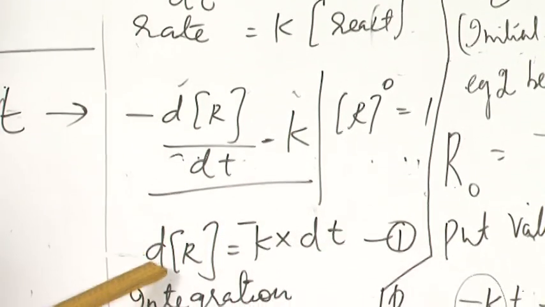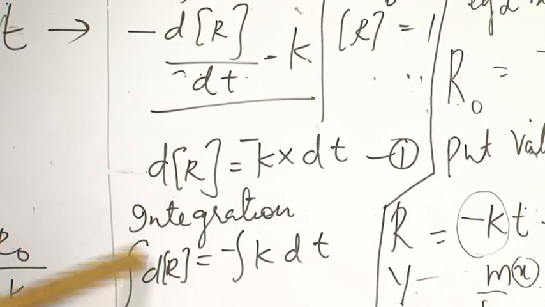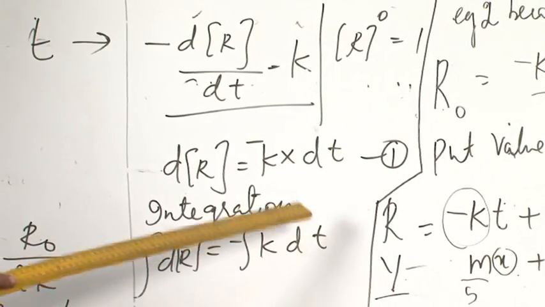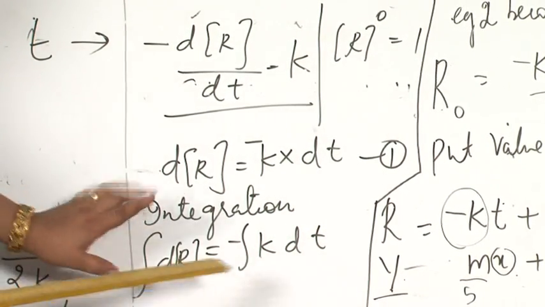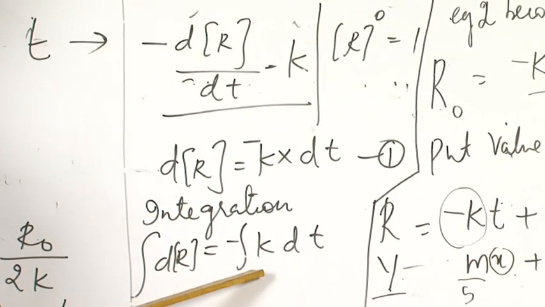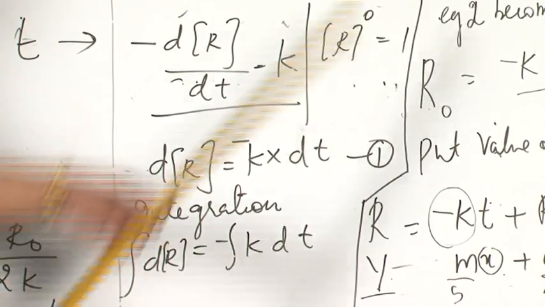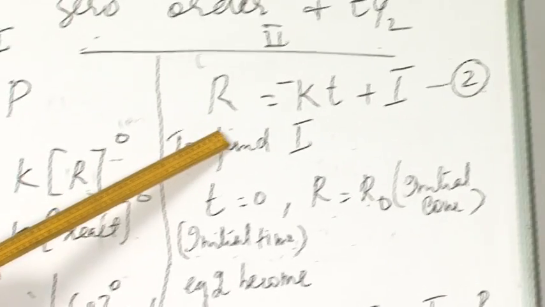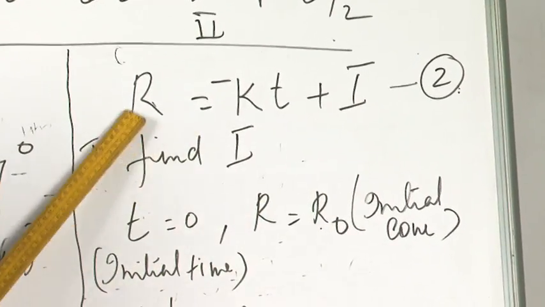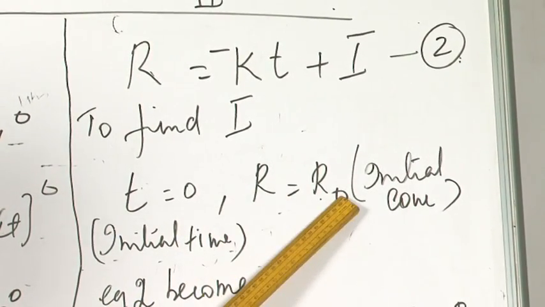Here you see I am integrating this expression by placing dt with K. Integral dR, minus sign I have shifted to the other side. Integral K into dt. Integral dR is R as everybody knows. K is a constant, so it remains as it is. Integral dt is t, so it will be minus Kt plus I, that is the constant of integration. This is the rule of integration you have studied in maths. To find the value of I, I am writing at t is equal to 0, initial time, the initial concentration R is R0.